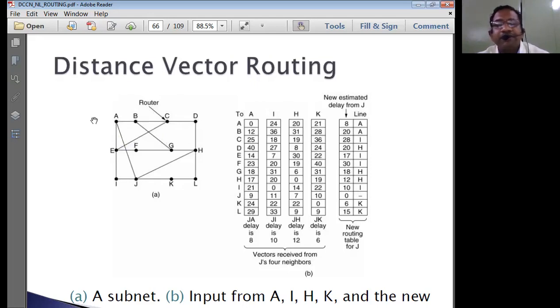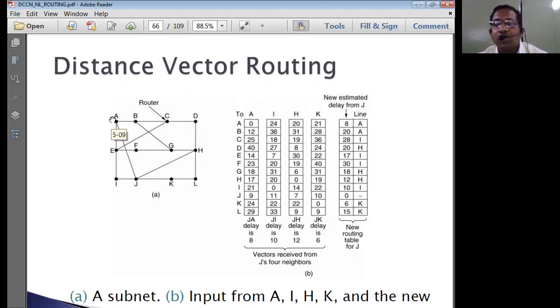Even though router A is not functioning, many routers in the network, we say an infinite number of routers, are maintaining the routing information via router A, where A is not functioning.